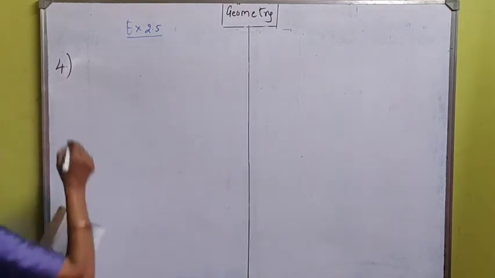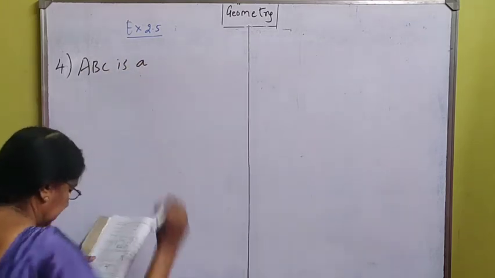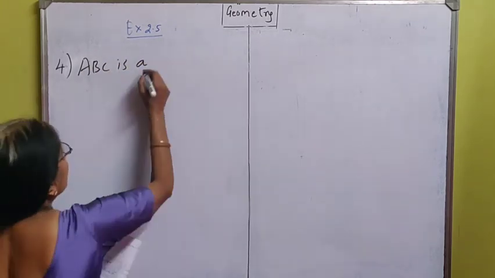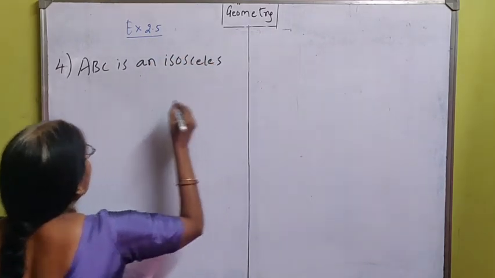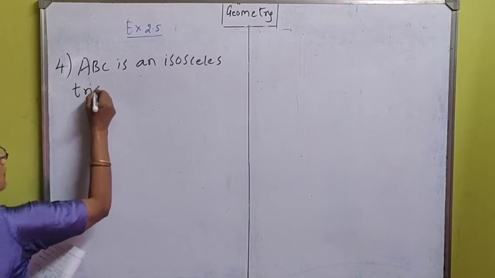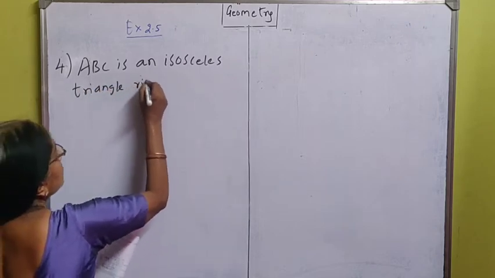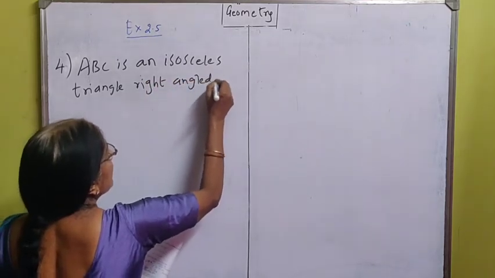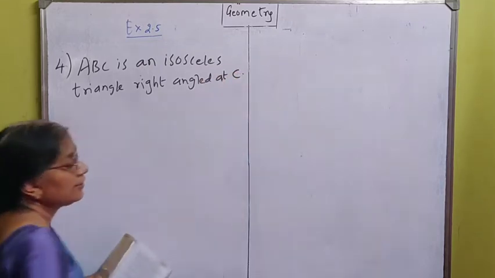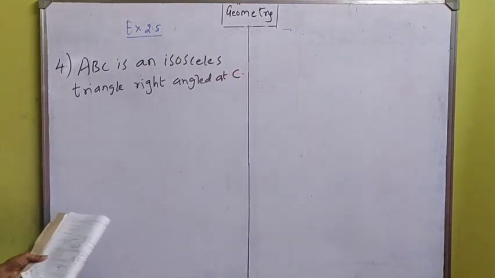Let us see. ABC is an isosceles triangle, right angled at C. So C is the right angle and it is a right angled isosceles triangle.